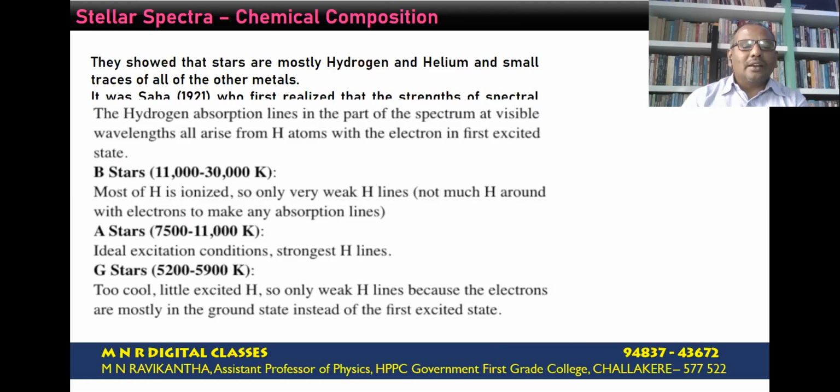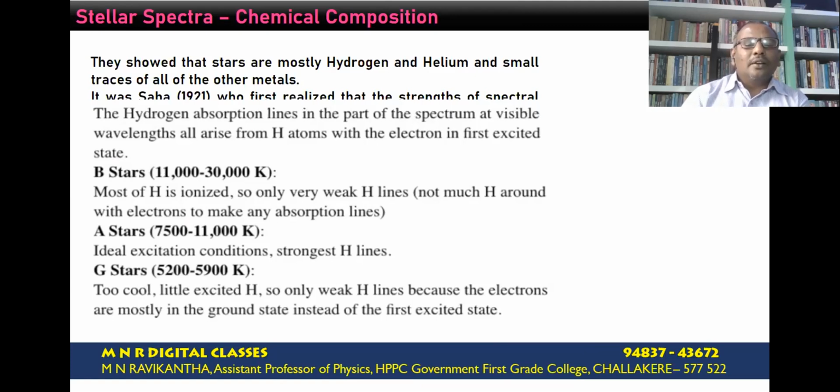Whereas A-class stars, having a surface temperature of about 7,500 to 11,000 Kelvin, have ideal excitation conditions and possess the strongest hydrogen lines. In the case of G-class stars, having temperatures of 5200 to 5900 Kelvin, they are too cool, with little excitation of hydrogen atoms, so the spectrum possesses only weak hydrogen lines because the electrons are mostly in the ground state instead of the first excited state.